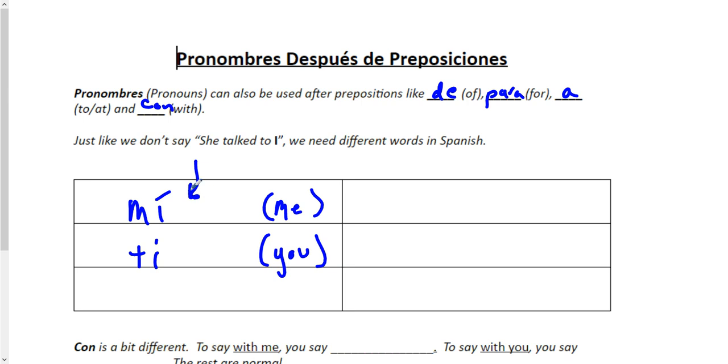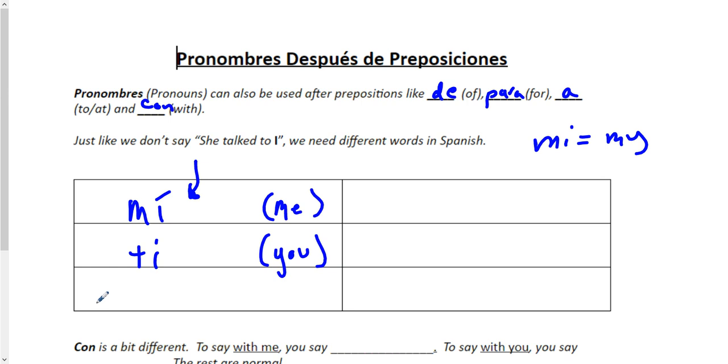This accent matters. If you don't have this accent, it's wrong, because mi means my, and mí means me. So you need to make sure you get it correct. This one, accent, no accent, you wouldn't be counted wrong because ti with an accent doesn't mean anything. But just for the sake of argument, it does not have an accent.